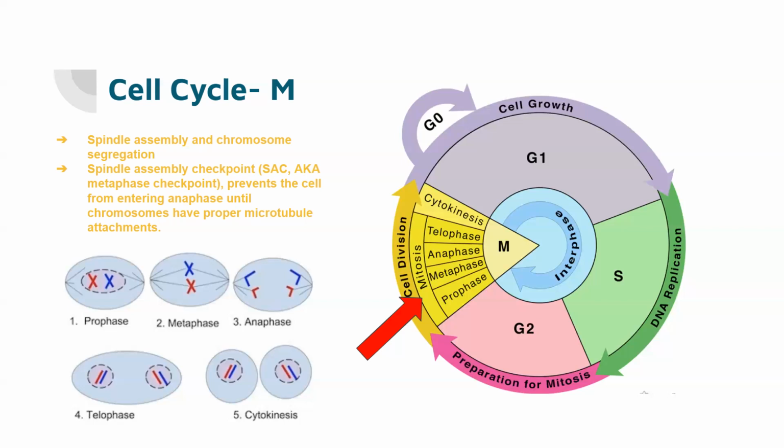But at our spindle assembly checkpoint, which is our really important M phase checkpoint, we really want to make sure that all of our spindles are attached to our kinetochore, so when we separate, we don't end up with a non-disjunction or chromosomes getting lost. We want to make sure that we're dividing with a full set of DNA and nothing extra.